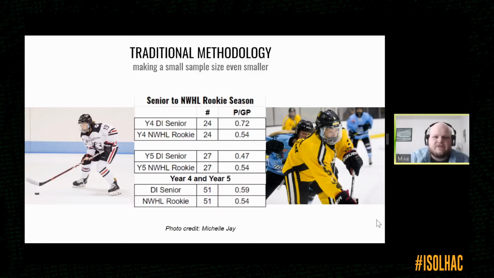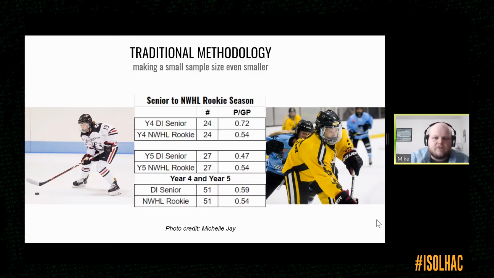This study, using this traditional methodology of what they did in the league 1 year, in NCAA hockey 1 year, to what they did at the pro level the next year, really revealed a lot about those problems with the shifting landscape of the NWHL to me.